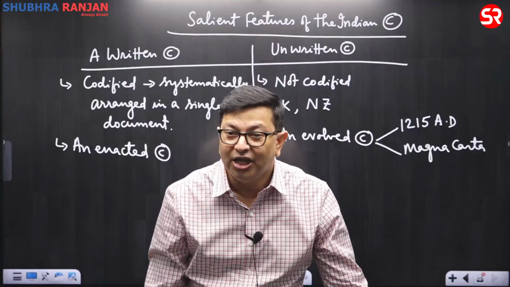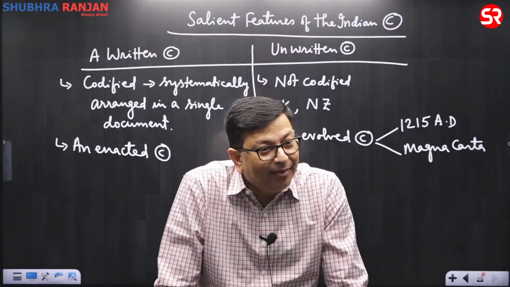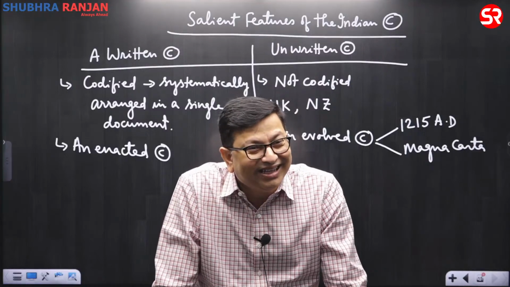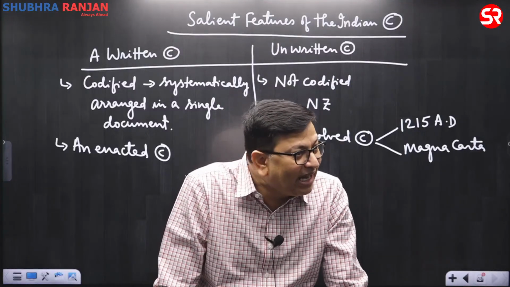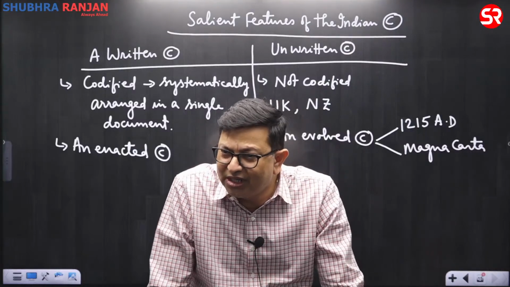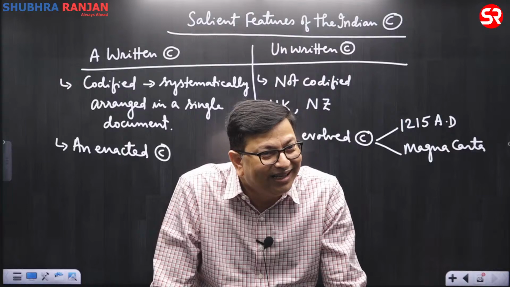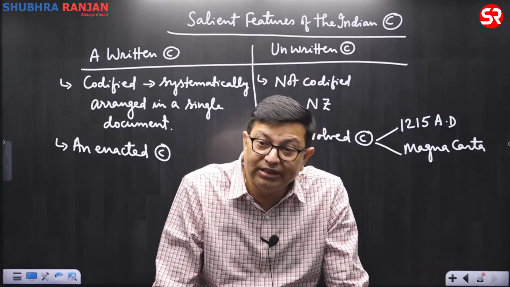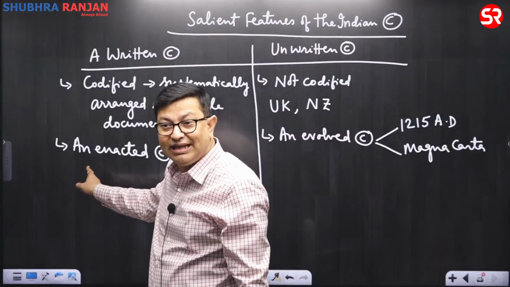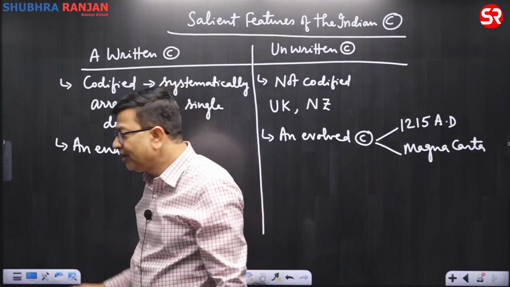You need to be dynamic, because change is the only unchanging reality of this world. So, with the changing times and circumstances, obviously the provisions of the constitution also need to be amended, but the process how that will be done has been mentioned in the constitution itself, which is enacted by a separate body.